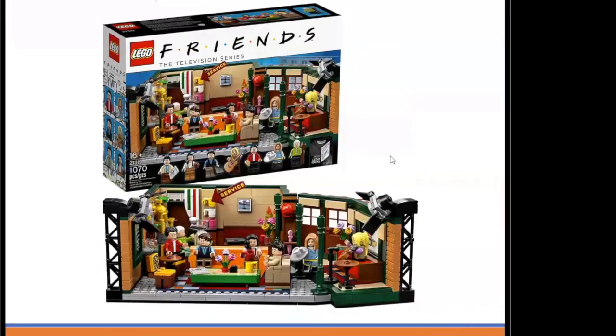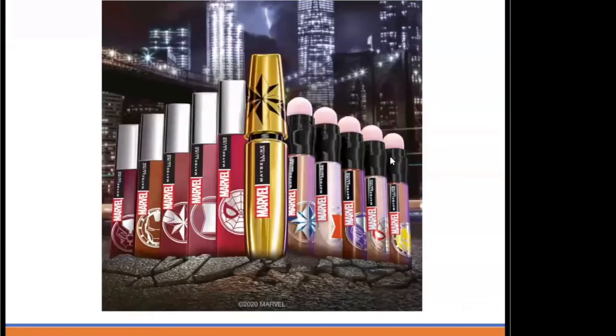Then we can also talk about Lego that obtains licenses for a lot of the major motion pictures and animations that we know of, including Friends, Harry Potter, Star Wars, Avengers, you name it, to be able to manufacture and sell Lego. And more recently, Maybelline obtained the license of the Marvel characters to be able to create a whole makeup line built around the Marvel universe and the superheroes in that universe.